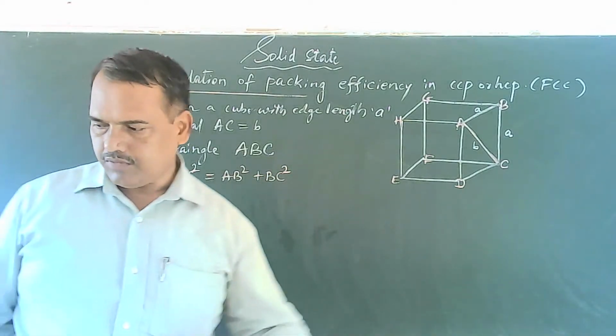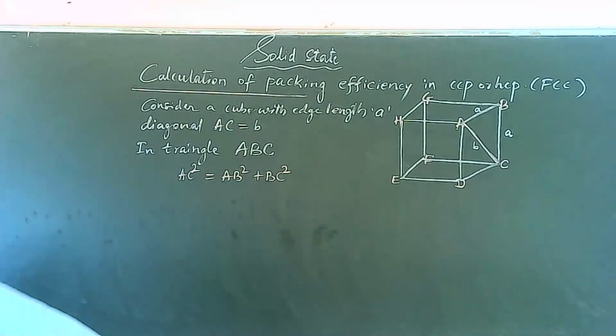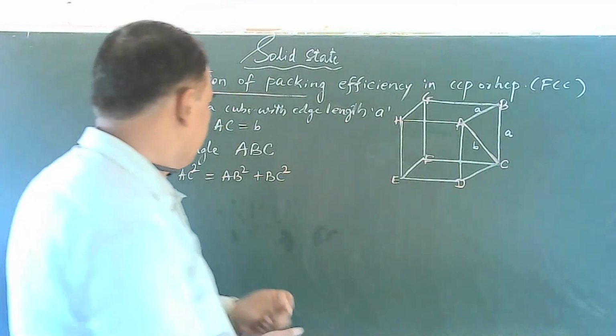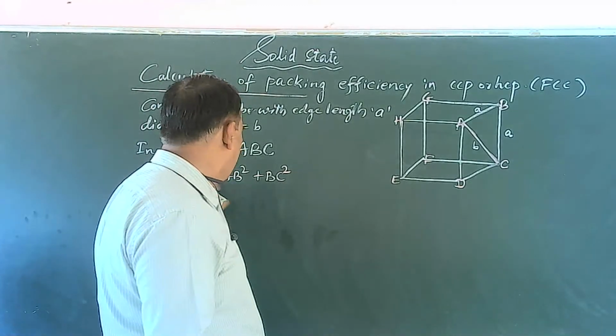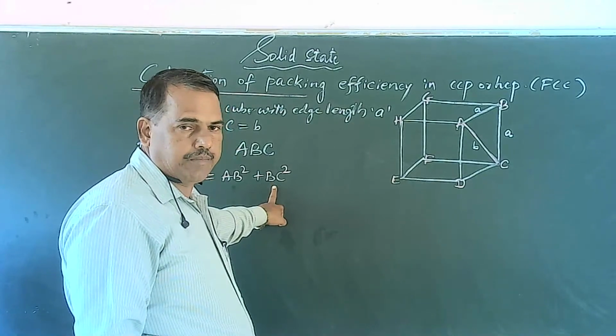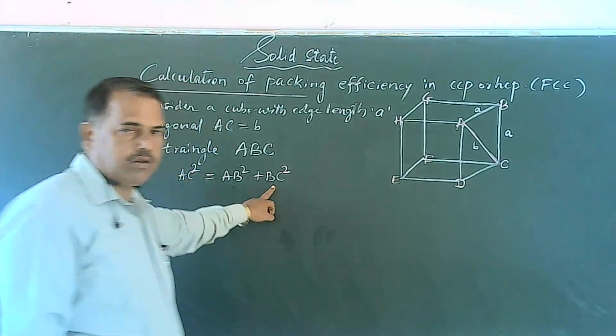Are you clear? A simple one we can see, which is nothing but AC square is equal to AB square plus BC square. Are you clear?